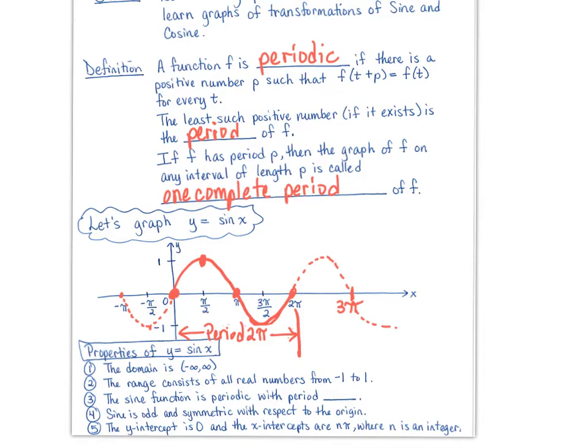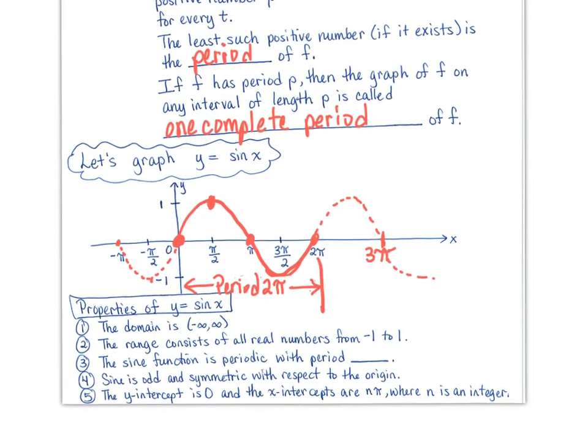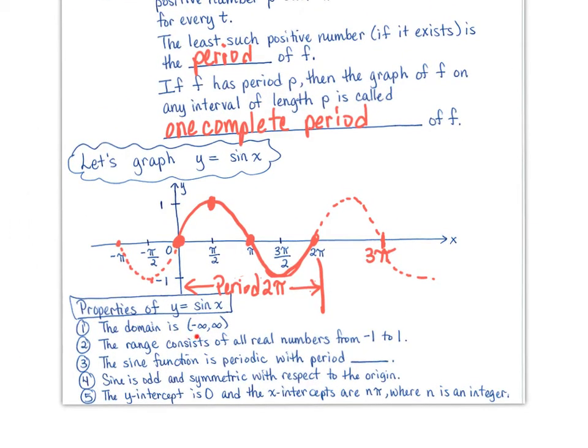So some properties of sine x. The domain we've talked about already is all real numbers. The range, your y values, consist of the numbers between negative 1 and 1. Okay, the sine function is periodic with period what? 2 pi, good.